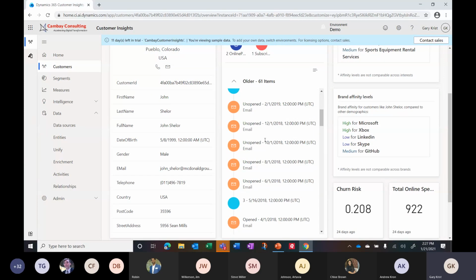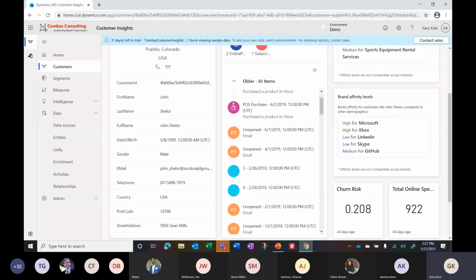We see unopened emails, and we see information on their purchases from point of sale. All this information gets aggregated into customer insights and can then be displayed through other avenues. Primarily we could bring it up in Dynamics itself, and it would aggregate all this data within a Dynamics record and show us this information pulled in from all these sources.